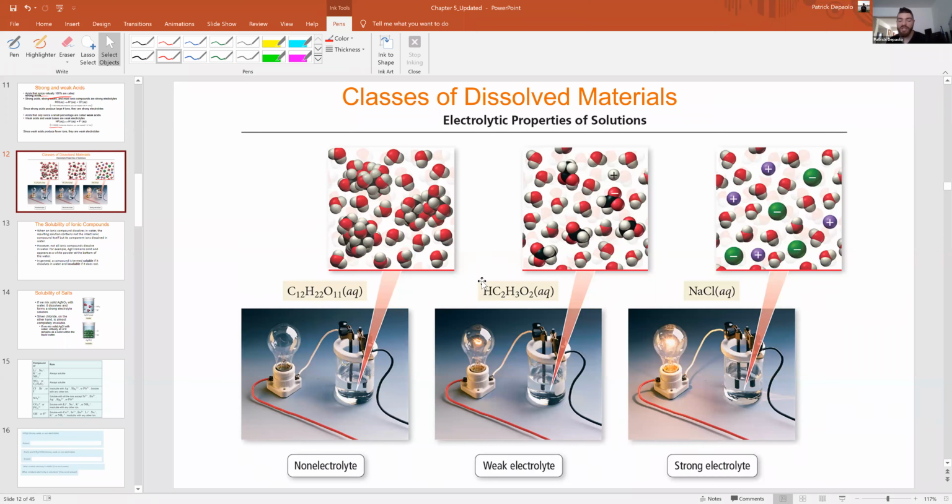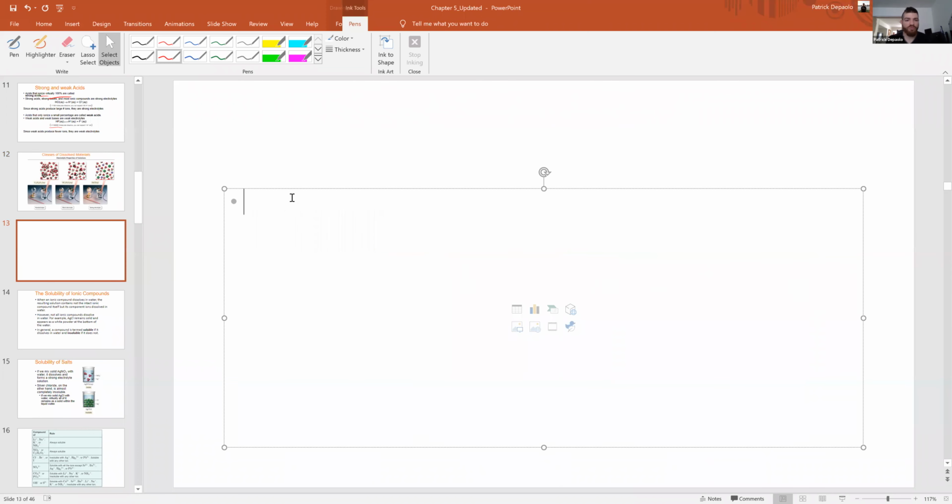If you see something with an H in front of it, it's either a strong acid or a weak acid, I don't know, but you're about to know. Something ionic, it's probably a strong electrolyte. If you're there right now, that's good. Now let's get into strong acids, weak acids, and bases too, so we have a full picture of how to characterize electrolytes into strong, weak, and non.